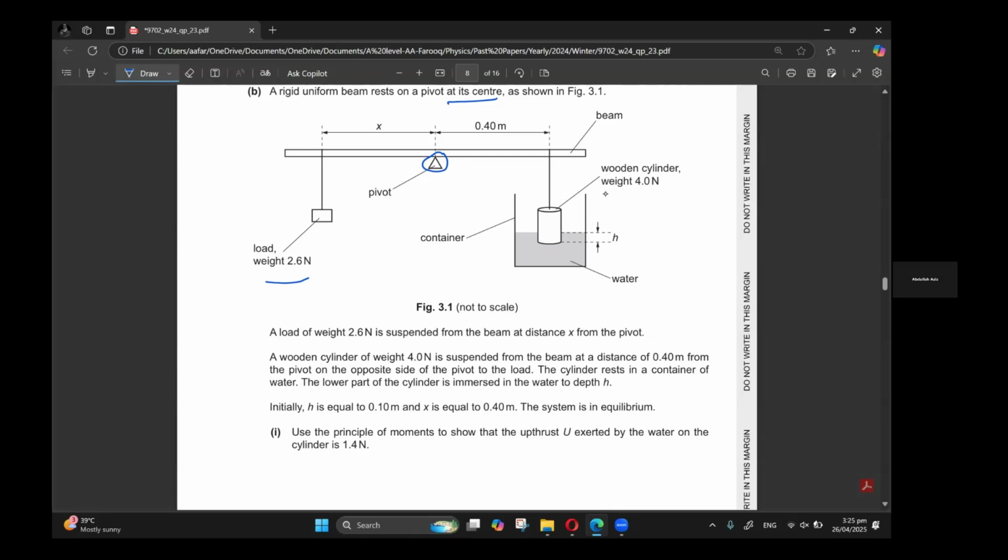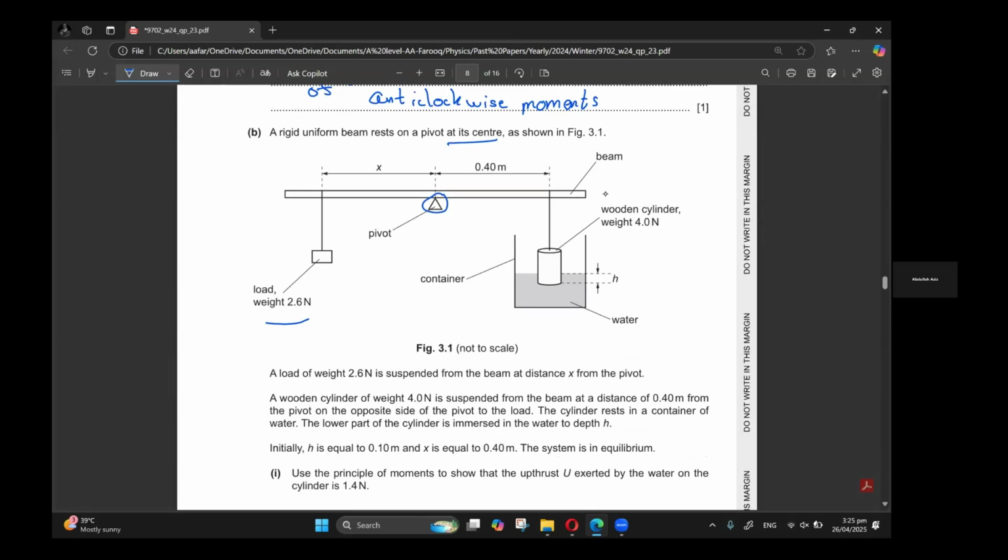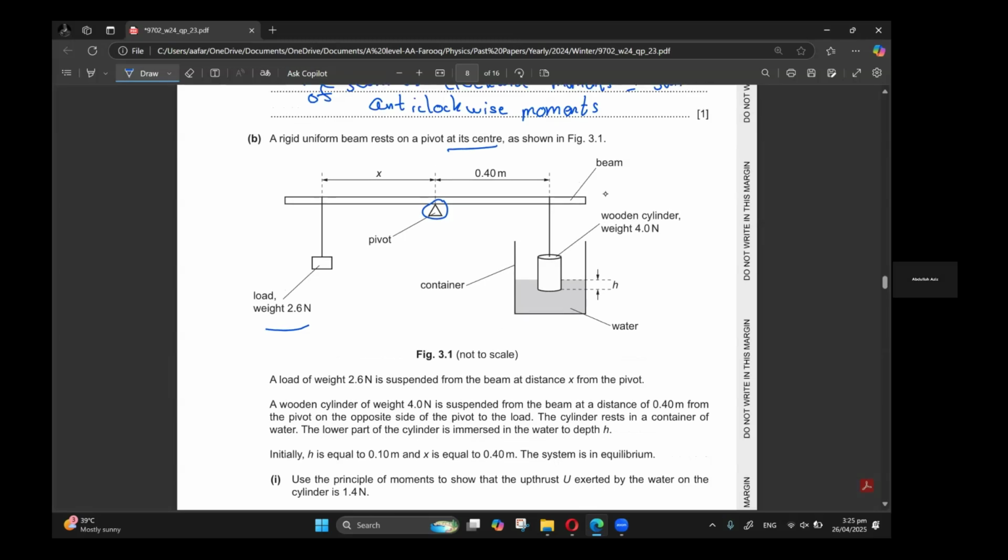A wooden cylinder of weight 4 Newton is suspended from the beam at a distance of 0.4 meter from the pivot on the opposite side of the pivot to the load. The cylinder rests in a container of water. The lower part of the cylinder is immersed in the water to depth h.